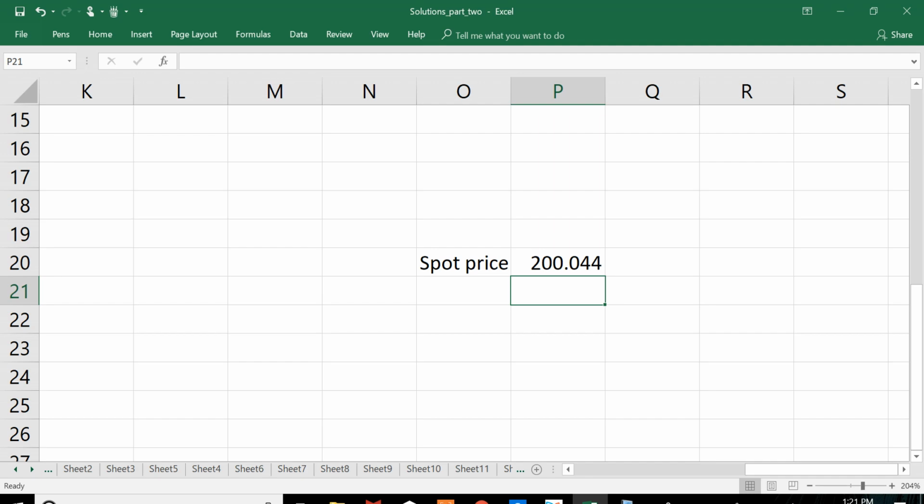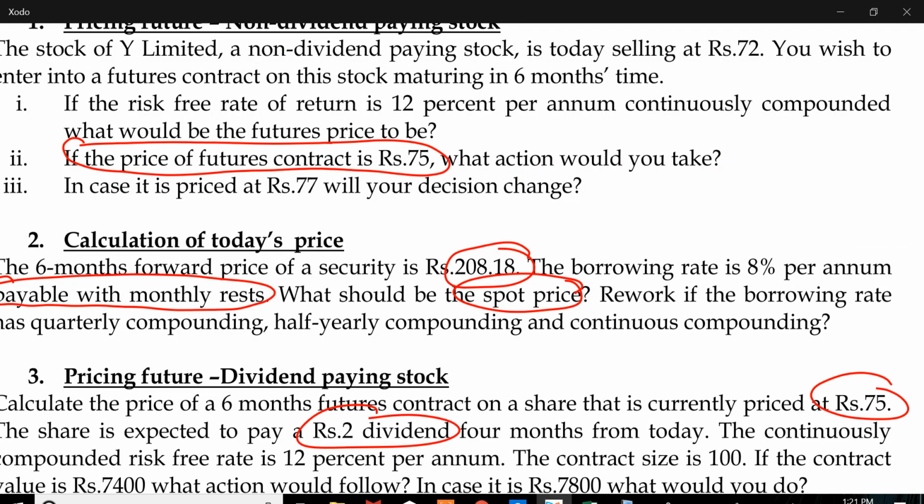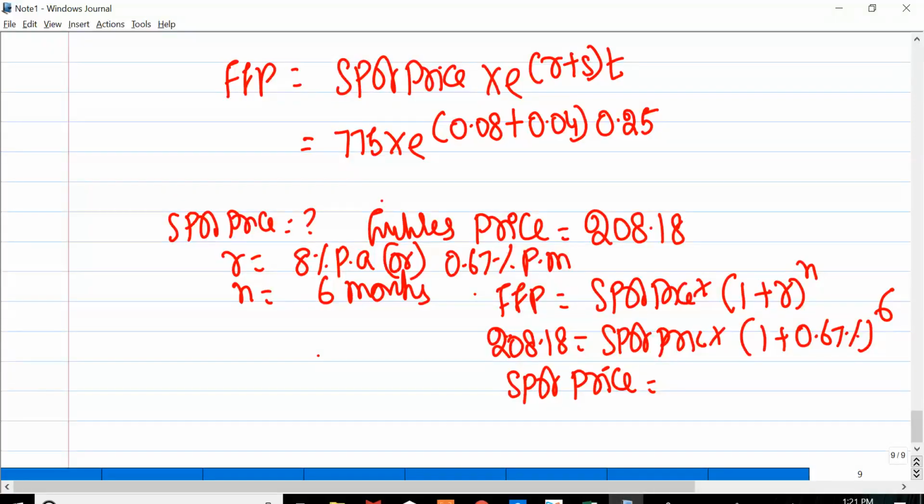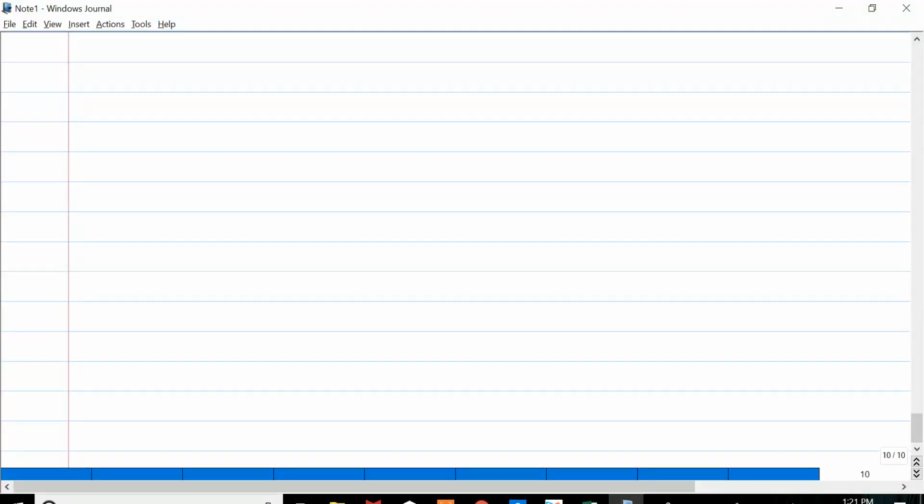Now in the rework, what they mentioned. Next is quarterly compounding. Give the heading quarterly compounding. Let's capture the information again. Futures price is 208.18, spot is question mark.